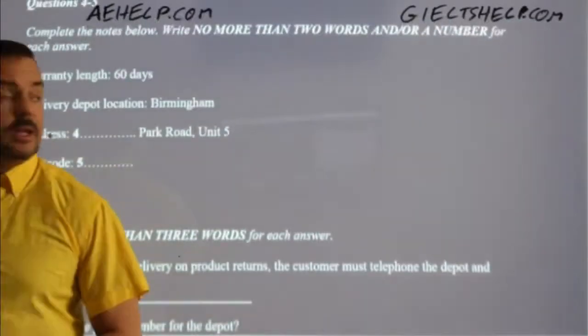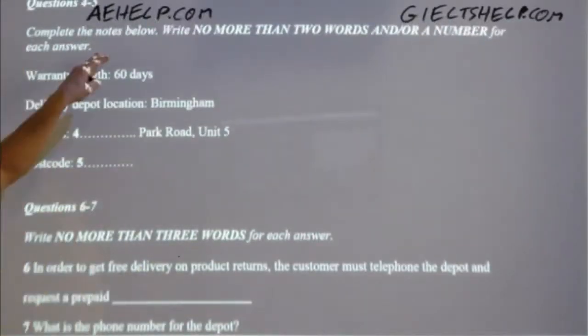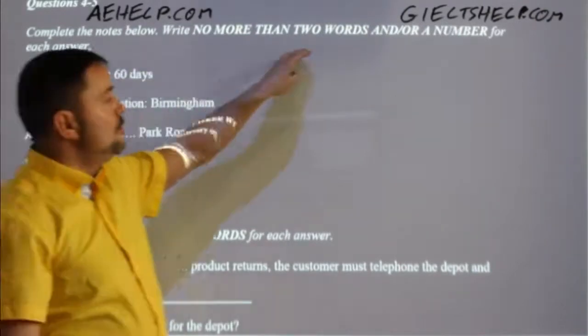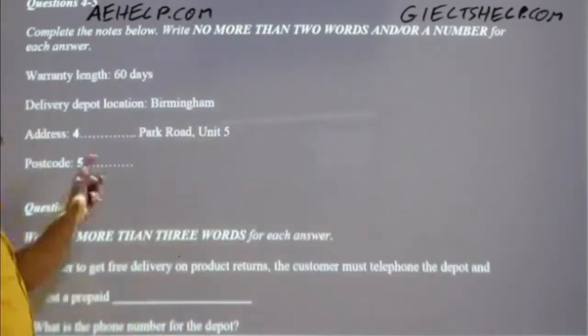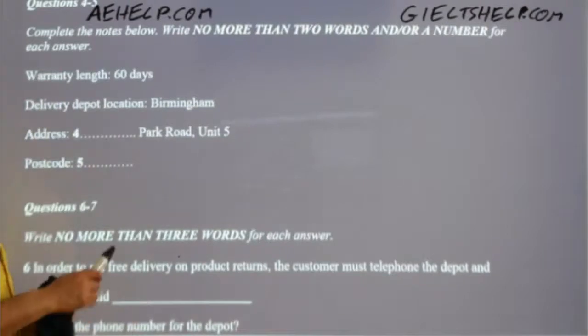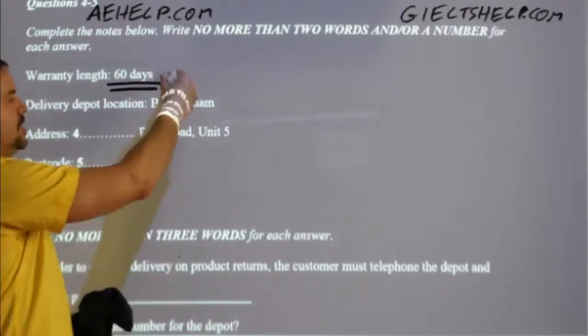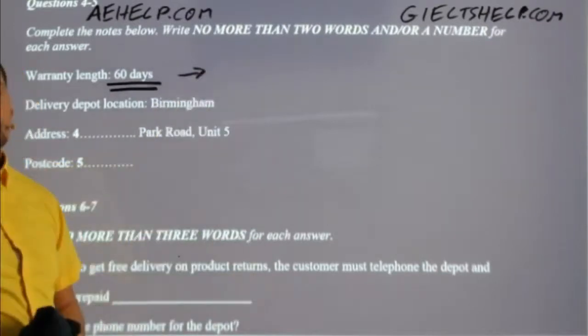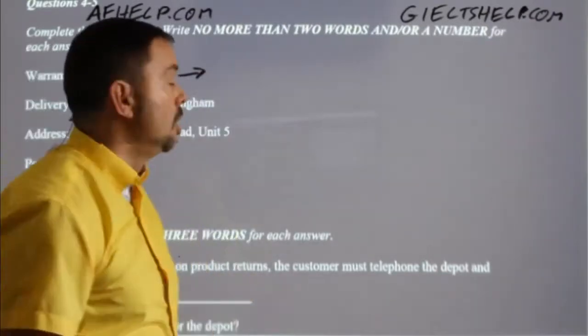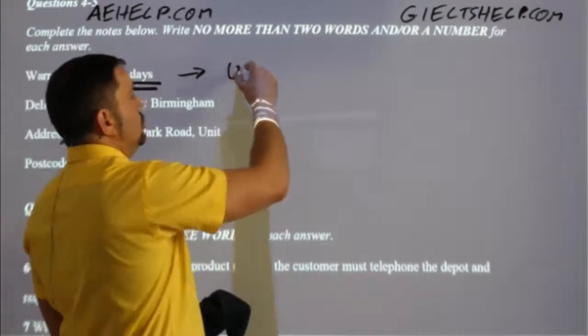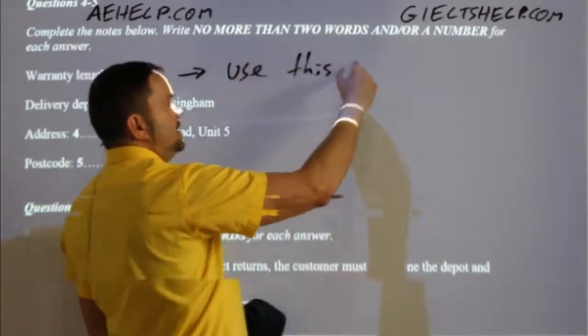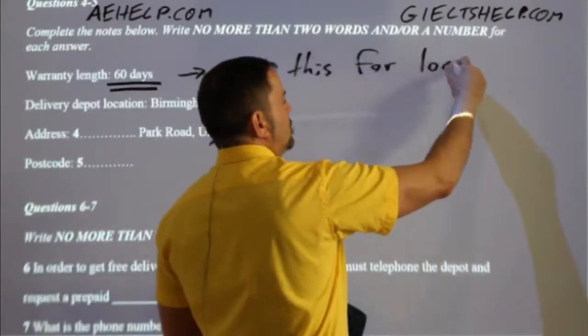Next one, note completion. So complete the notes below. Write no more than 2 words and or a number. The warranty length, 60 days. This is a good piece of information because it helps you locate yourself in the audio. Okay, so use this for location.